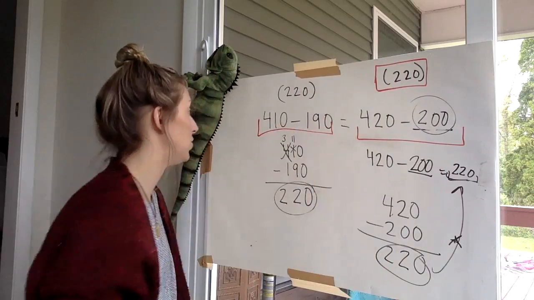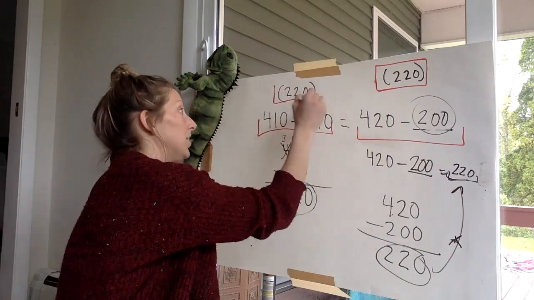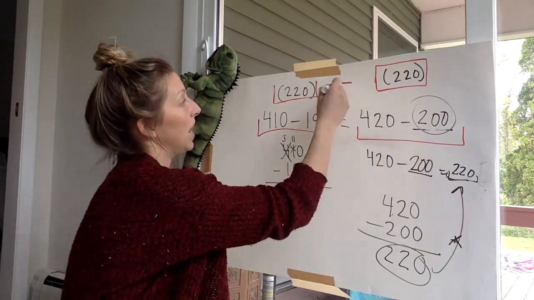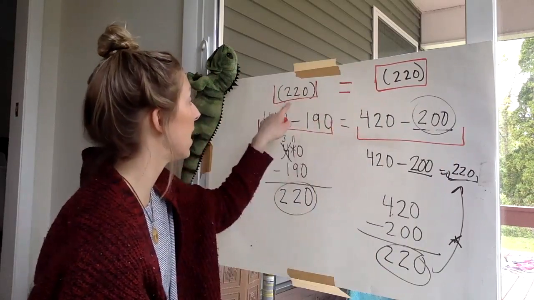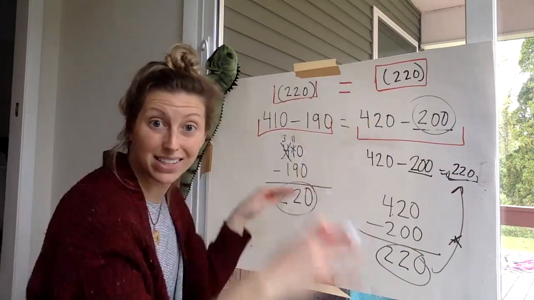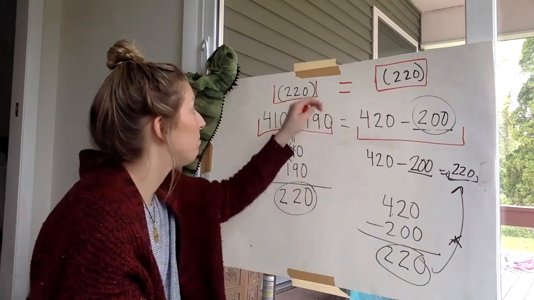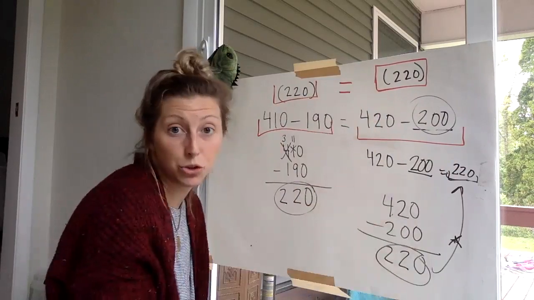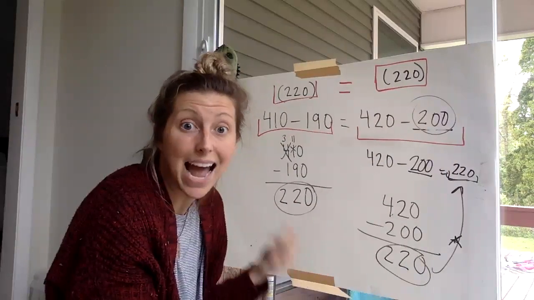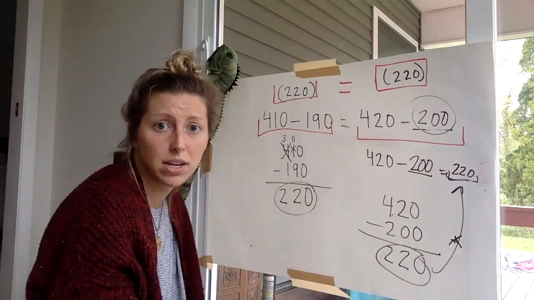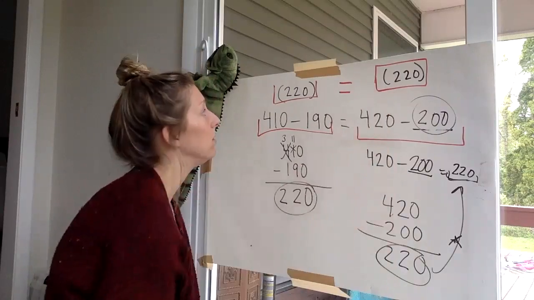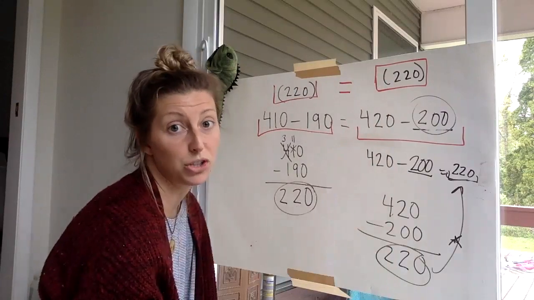This part of the equation gives us the same answer of 220. When I have that equal sign in the middle, these two numbers have to be the same. They have to balance out, right? So if both of these equal 220, is it balanced? Absolutely, it's balanced. Now these have different numbers, of course, but it doesn't matter. They still both equal 220.